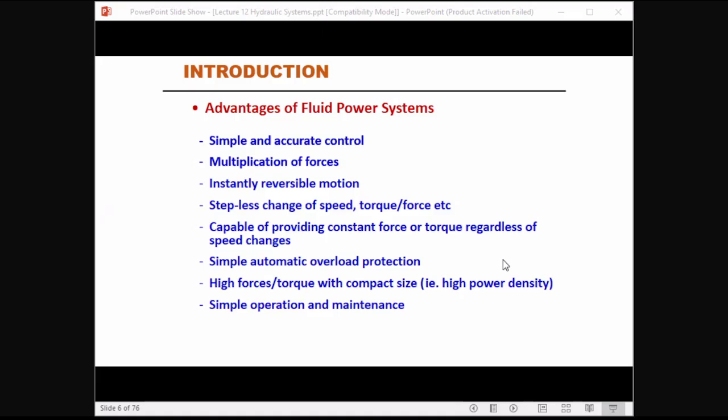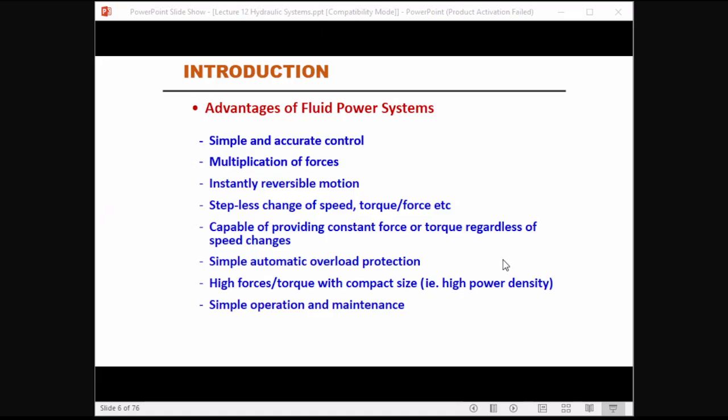These are the advantages. Then next one is high force or torque with compact size. Fluid power systems can generate significant force and torque from a relatively small size.